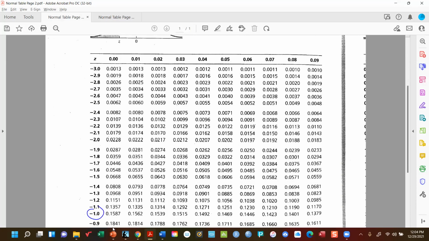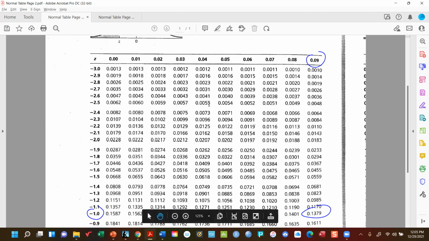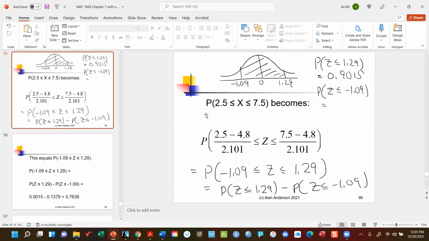Negative 1.0 is here, 0.09 is here, and they intersect at 0.1379. Okay. So the difference between the two is 0.7636. So that's our approximate probability that somewhere between 3 and 7 of the students in the class have AB positive blood.